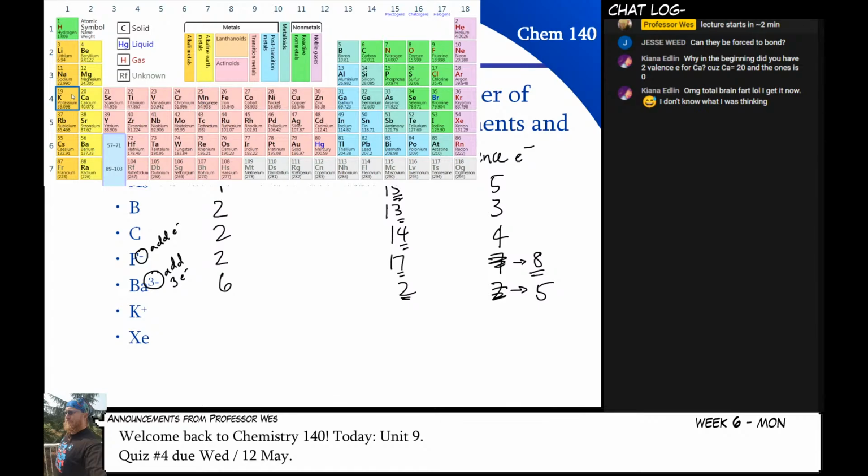And then potassium here. Potassium is in period 4, so its valence shell is 4. It's in group 1, so it has 1 valence electron. But if I make it positively charged, I have to remove its electron. So this becomes 0.